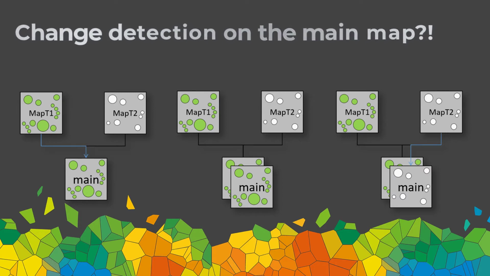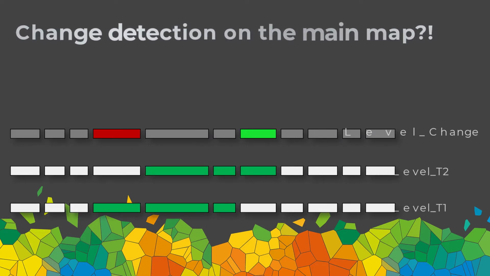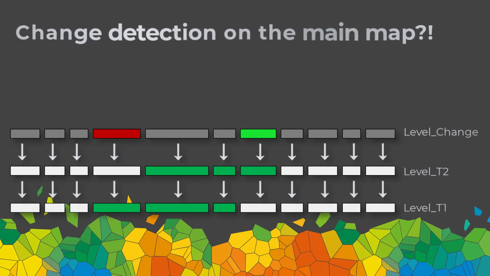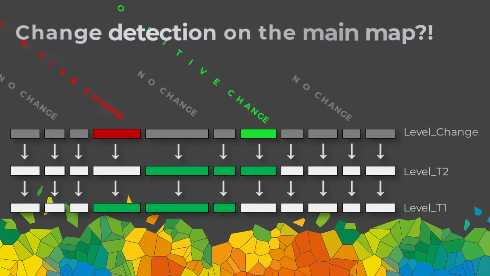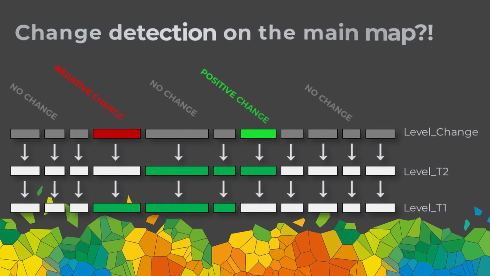So we're going to have 2 levels on the main map after we have synchronized both maps to the main map. And then as a next and final step, to actually detect areas that have changed, we're going to introduce a third level on the main map. We're going to call it level change. And then we're going to use the relationship or the connection between the different levels in our image object level hierarchy to detect change, right?